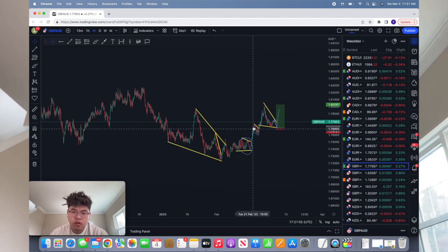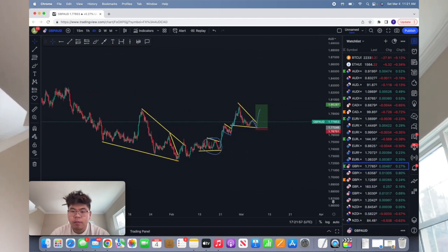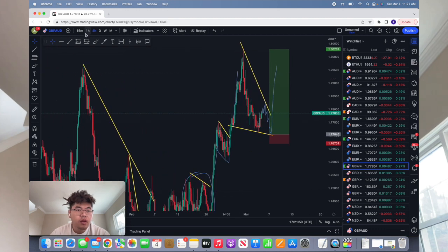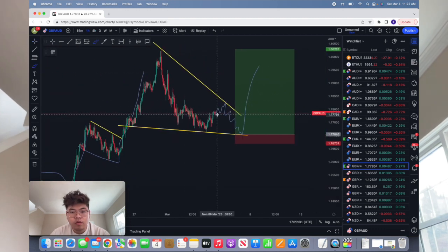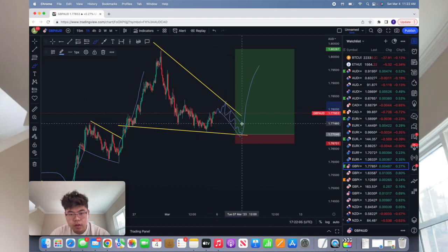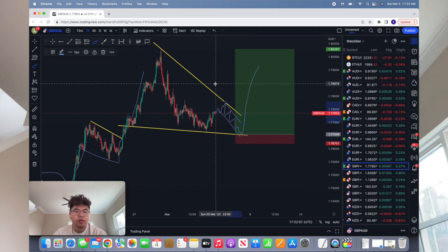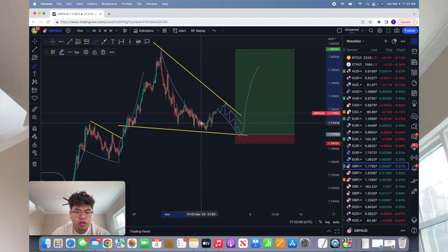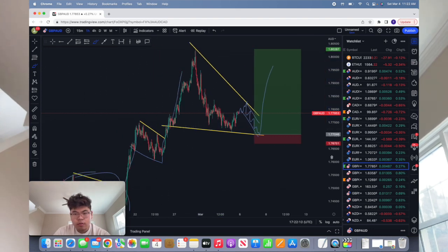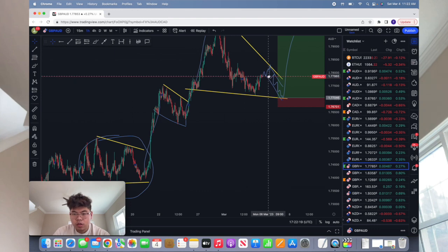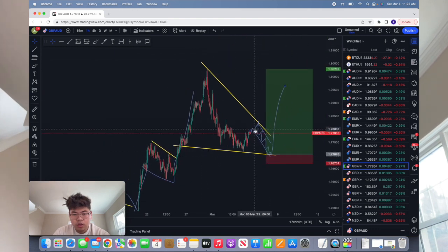Flip this, you can kind of see this. But when I'm entering this, I'm also looking for a correction here, right? A correction here for it to go up. This is good. This is more of like a correction here right now. But what I do not want to see in this area is this.